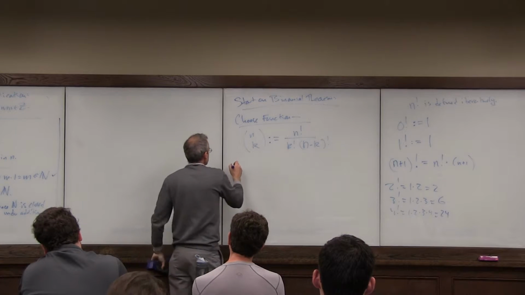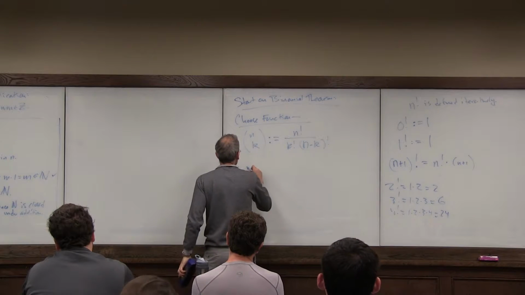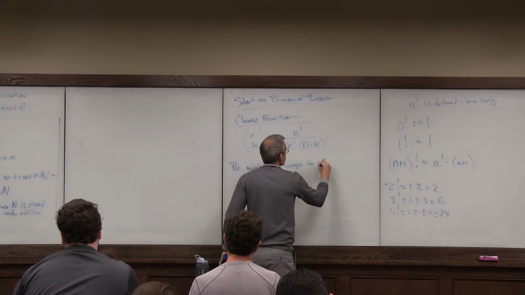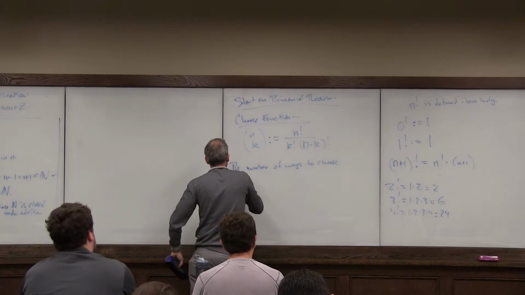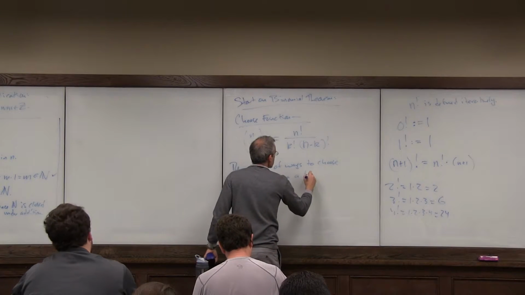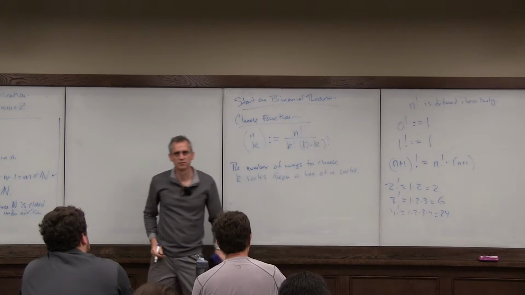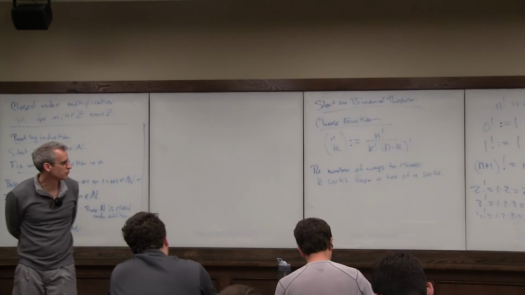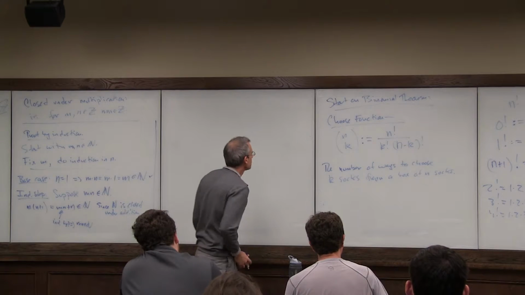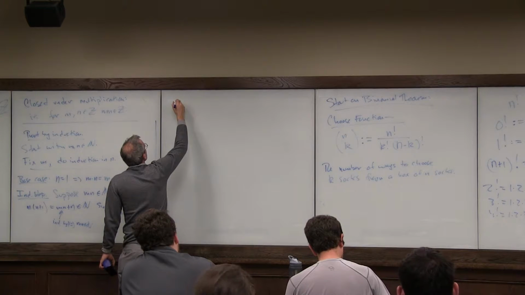And this is the number of ways to choose k socks from a box of n socks, or sheep, or planets, or whatever you want. It's the number of ways to choose k things from a box of n things. So let's think about this a little bit. Let's look at a couple special cases.